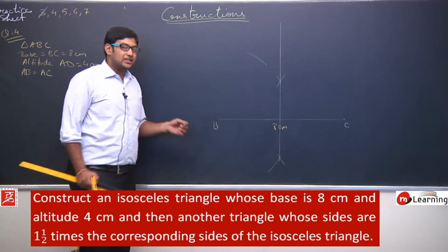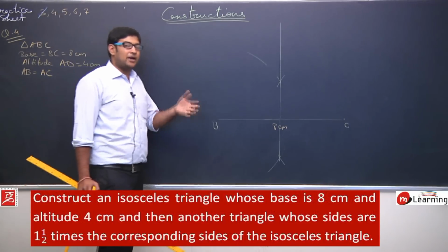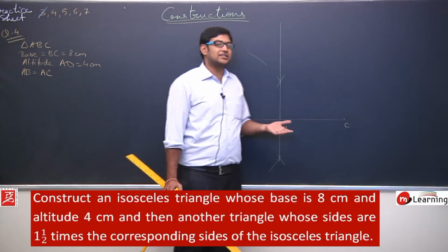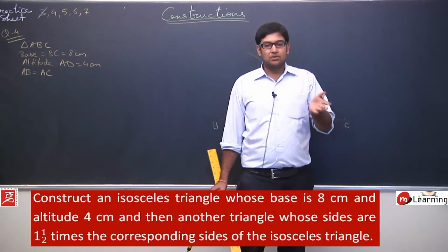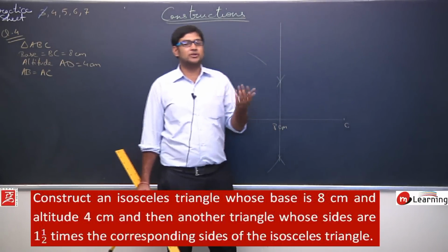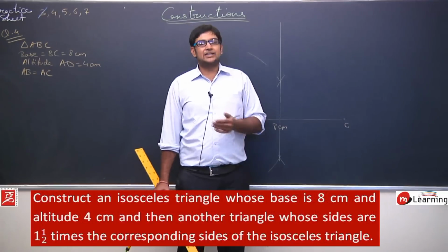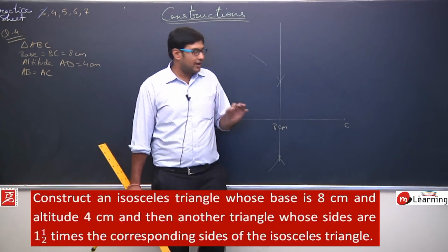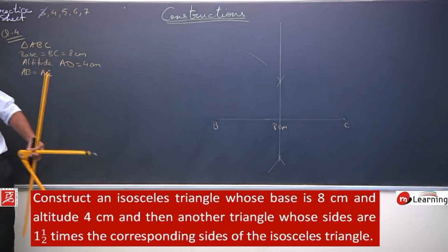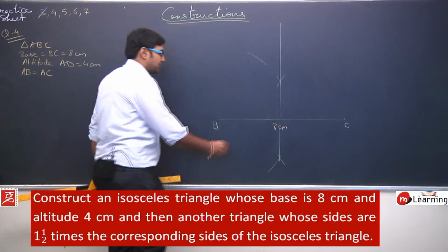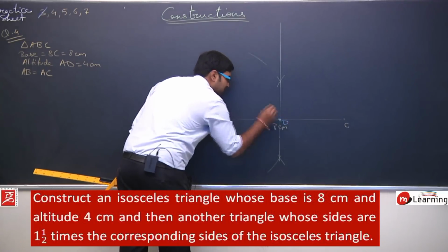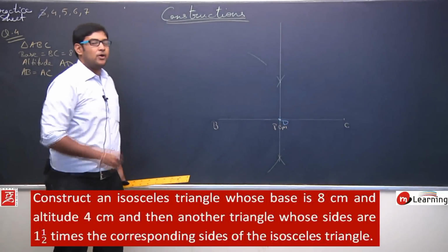You can see the altitude and the perpendicular bisector of an isosceles triangle are the same, because if it is a perpendicular, then it will also be the median and the angle bisector. That's why the point where this perpendicular bisector intersects BC, the base, is the point D. So I have got point D.